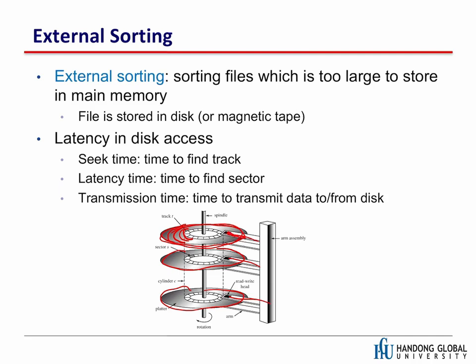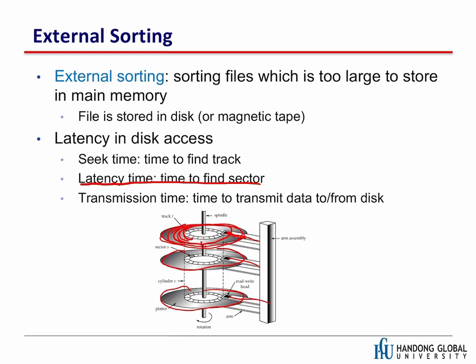Then we have to move this head back and forth. It takes some time, since it's a mechanical movement. Next, we have to find the sector. We have to rotate this disk to find the sector.